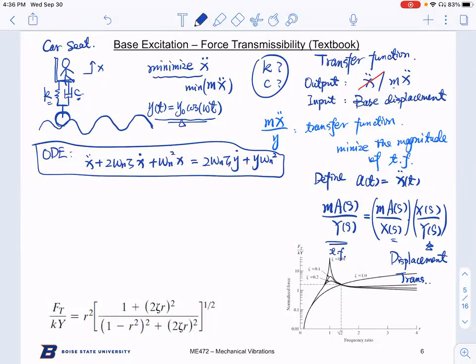We can get this transfer function from the definition. So you do Laplace transform on both sides. Your a(t) becomes A(s), and your x double dot gives you s squared times X(s). So that gives you A(s) over X(s) times m equals m s squared.